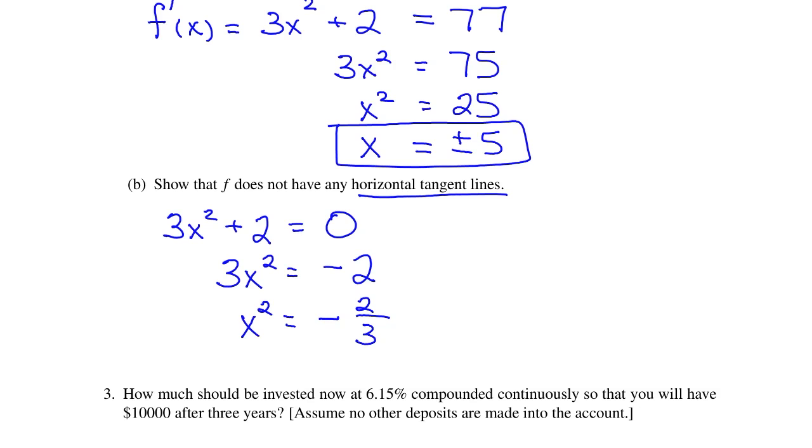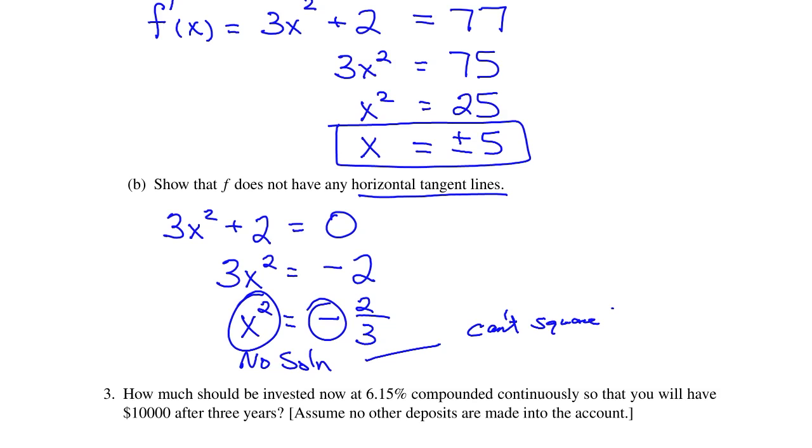And we know that this type of equation has no solution because you can't square x and end up with a negative. Again, remember we're not using imaginary numbers in this course.